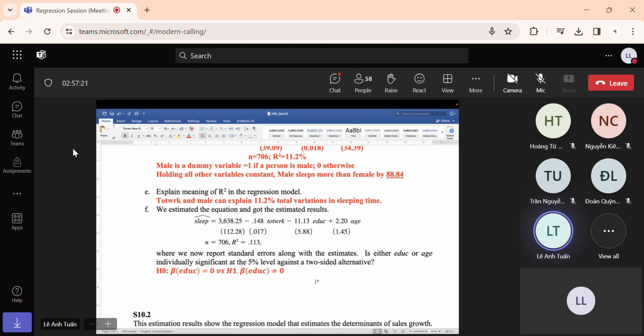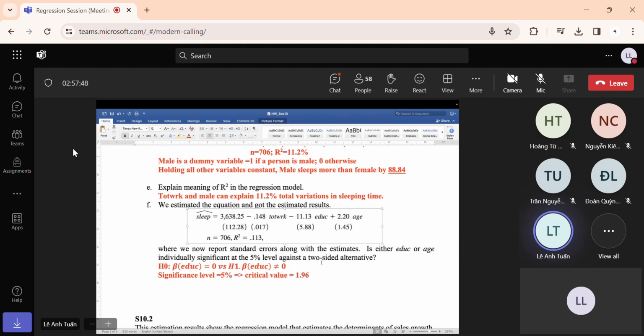At the 5% significance level, the critical value for the two-sided test is 1.96, because the number of observations, 706, is very large, so we can use the normal distribution. Because they provide a question where we do not have the p-value, we need to use the critical value.